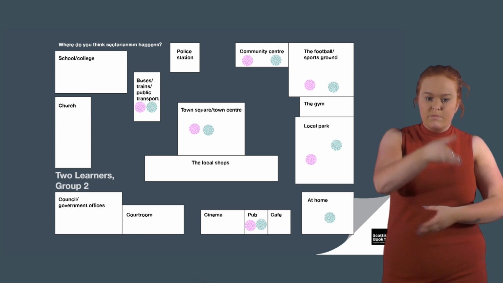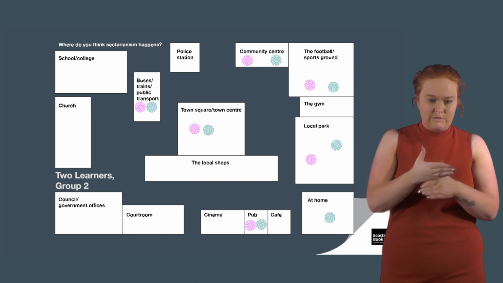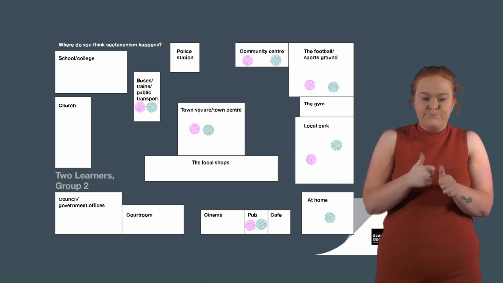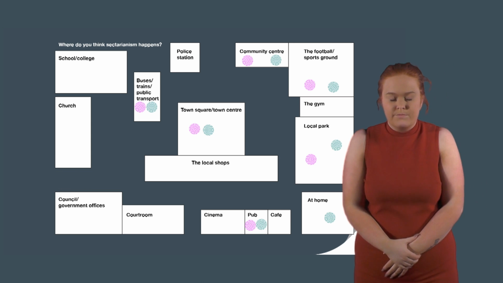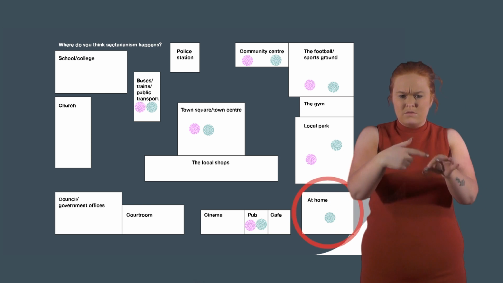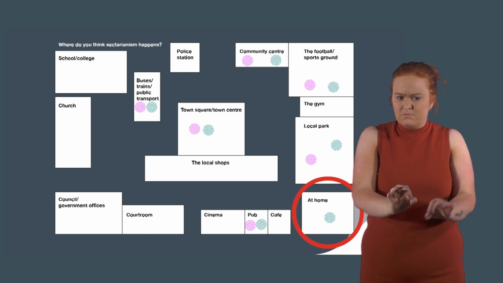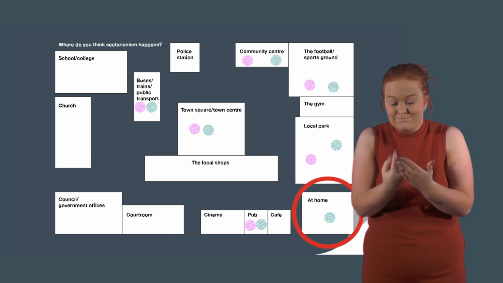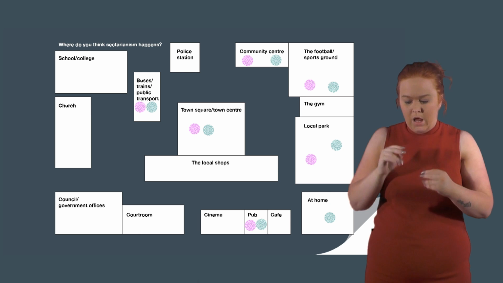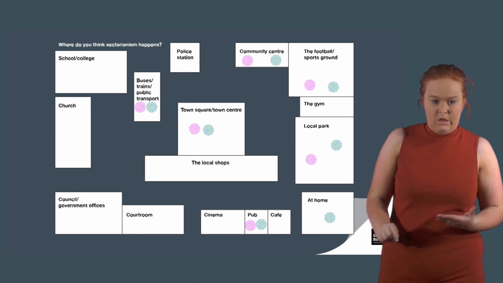If you look at the map by the 2 learners working together, you'll see that there is still some agreement in where the marks have been placed, but there is one crucial difference. One of the learners has marked the at home box. What we suggest with this activity is that if possible, you ask learners to work independently without help from tutors.